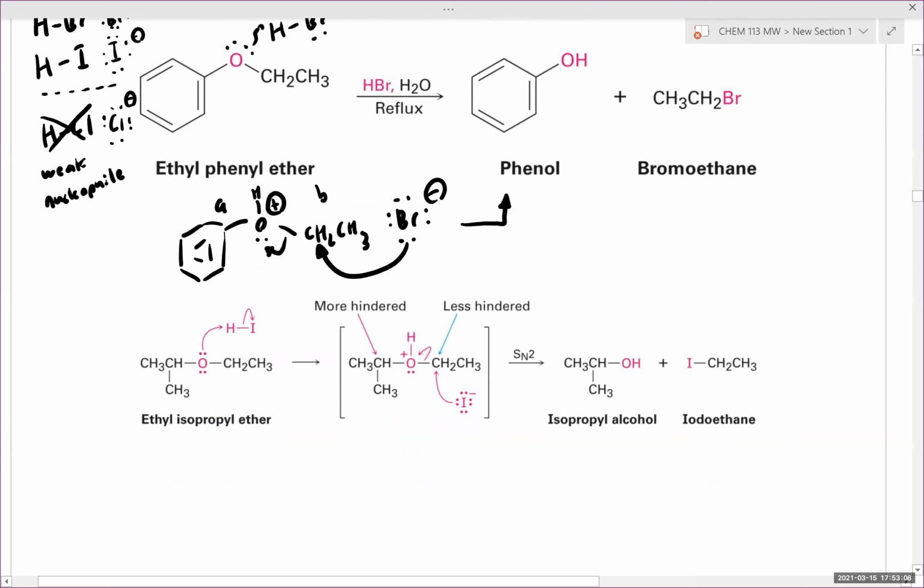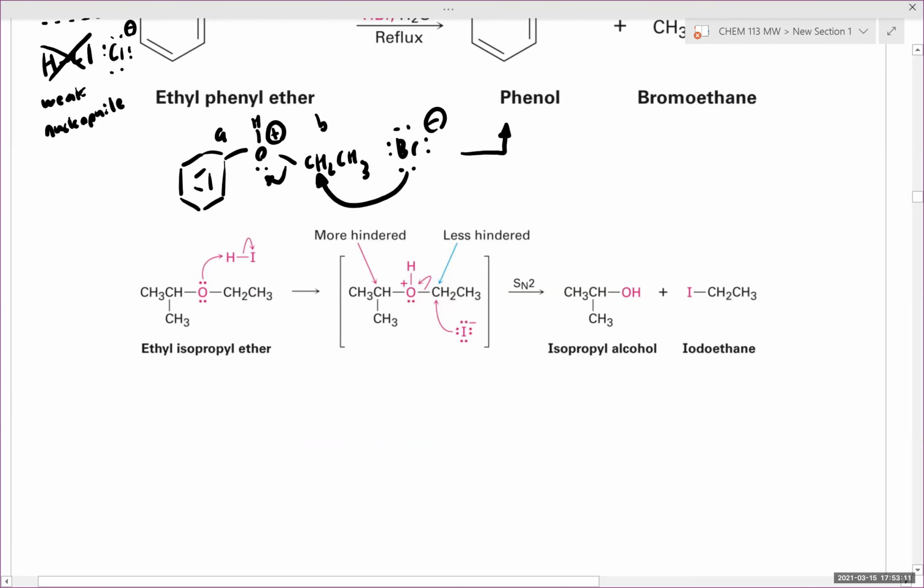Okay, so to reiterate this idea of regioselectivity, if you have an ether with two possible sites of reactivity, a tertiary, no, sorry, that's secondary, secondary versus primary position, your halide will attack and displace your leaving group from the less substituted position.